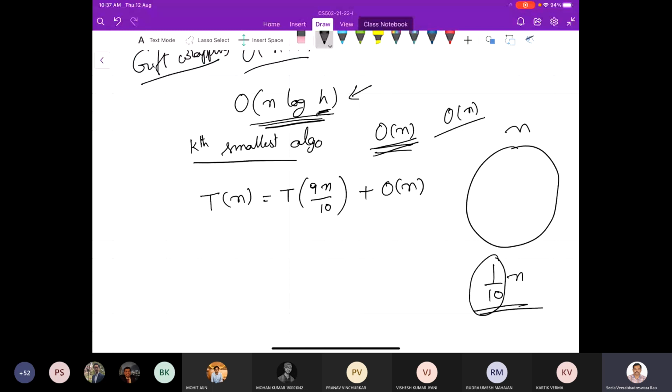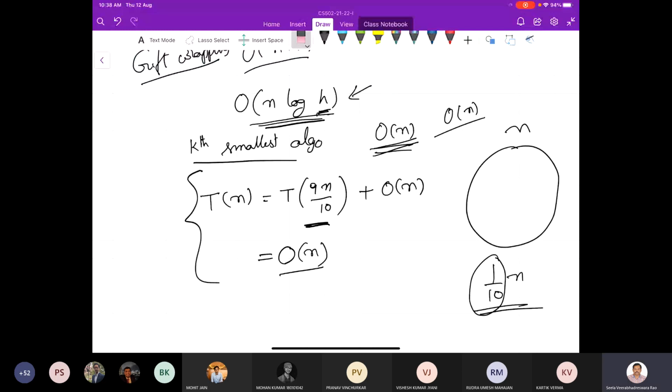If you solve this, you will get order n time complexity. Repeatedly until you get some constant-size set. Once you have a constant-size set, you find your answer in constant time. So this algorithm takes linear time. This is the idea of prune and search.